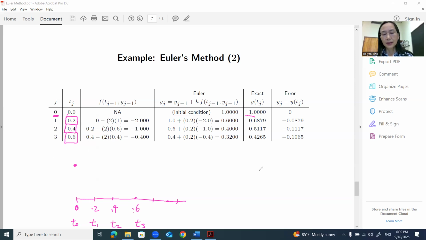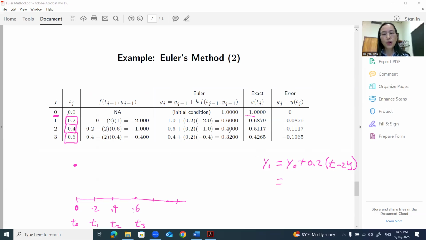So this is the Y value, Y naught at T naught. Then how do I get Y1? Y1 is Y naught plus H, which is 0.2, times the right-hand side F, which is T minus 2Y for the equation.